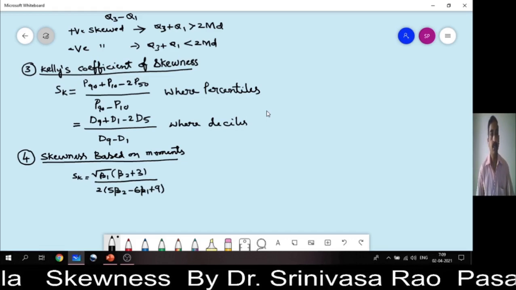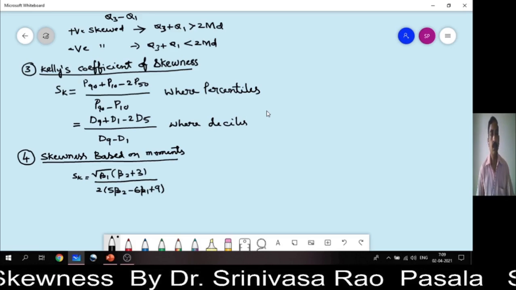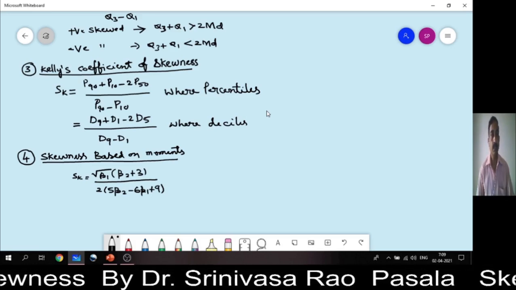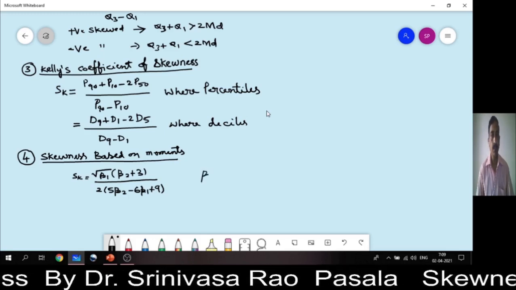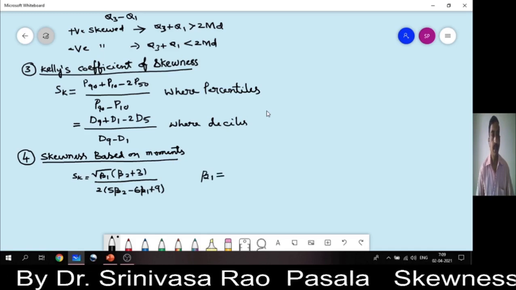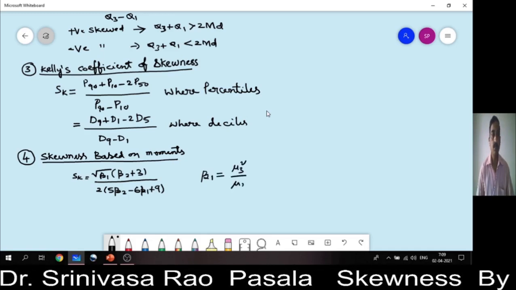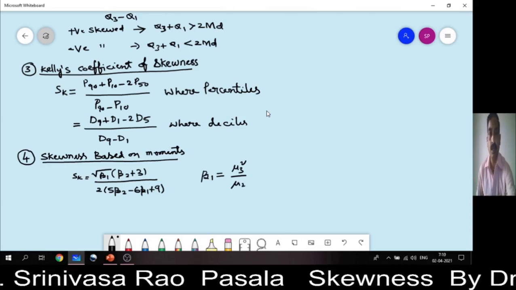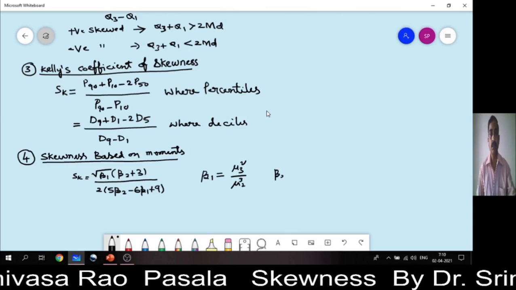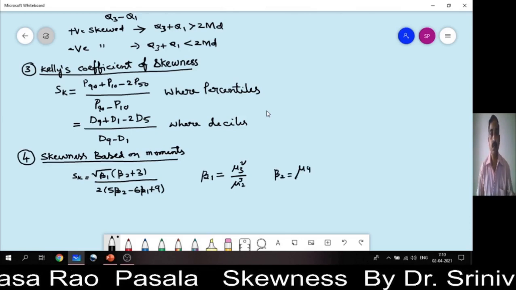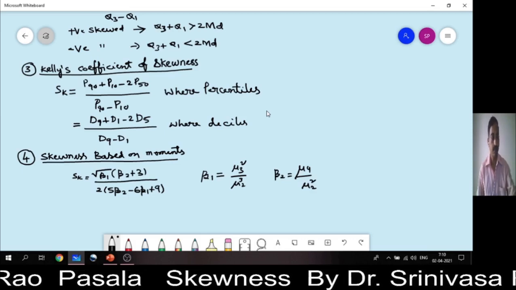This is the coefficient of skewness based on beta coefficients. Already you know beta 1. What do you mean by beta 1? Beta 1 equals mu 3 square by mu 2 cube, and beta 2 is nothing but mu 4 by mu 2 square.